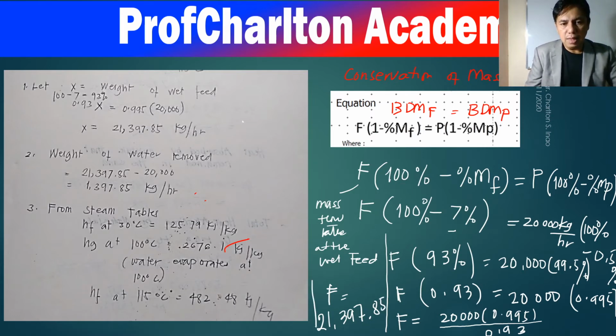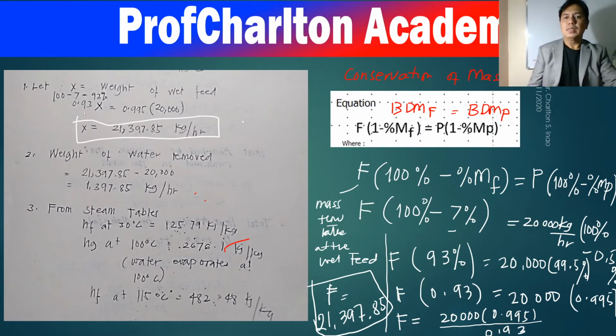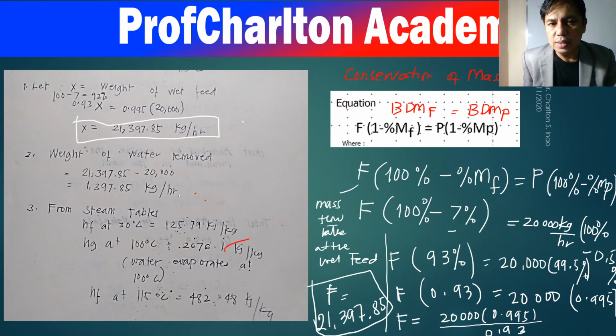So this is the answer. 21,397.85 is the mass flow at the feed side, which is expected.